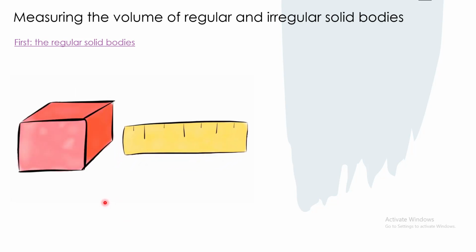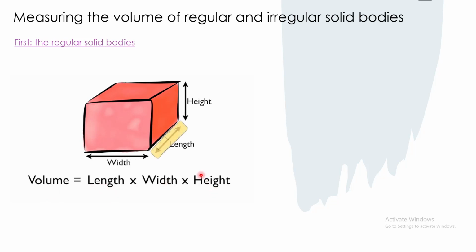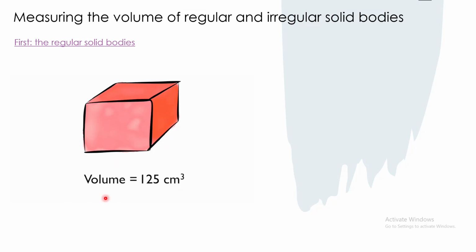We want to measure the volume of this cube right here, and we know that the law is volume equals length times width times height. We will measure each one of them by the ruler in this way and substitute the values into their places like this, and at the end we will multiply them by each other and we will have the value, which is 125 cubic centimeters, assuming each one of them was 5.